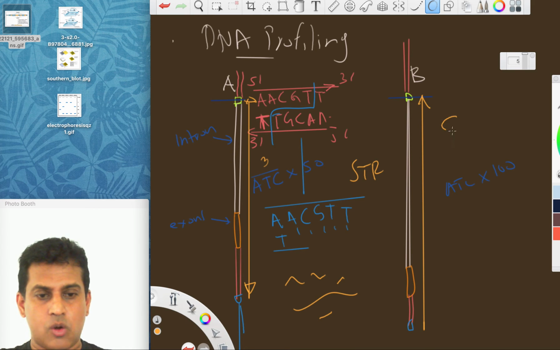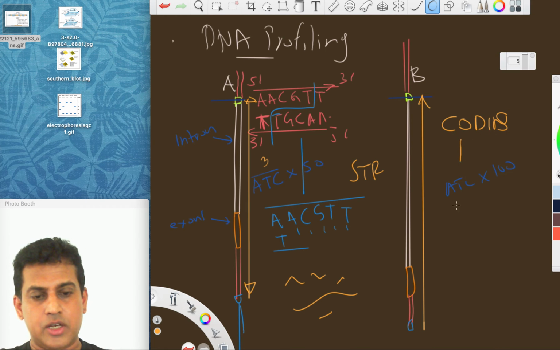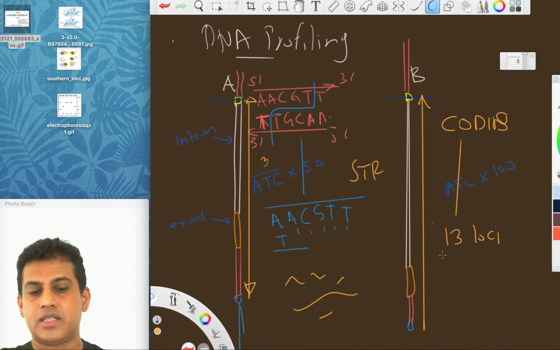In the USA, the CODIS system is used for forensic DNA analysis, and in the CODIS system they actually look at 13 loci, that means 13 different locations, and check the repetitive DNA sequence.